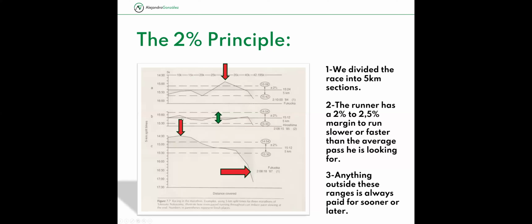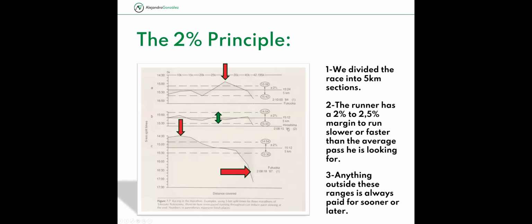That means that he ran every section of 5 kilometers between 2% faster and 2% slower than the average 5 kilometer pace. In this race, he did 2 hours and 8 minutes, 15 seconds, and he got the second place.